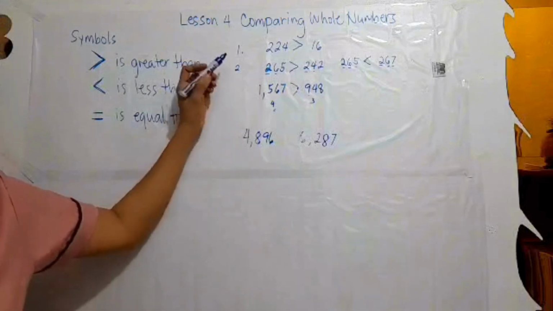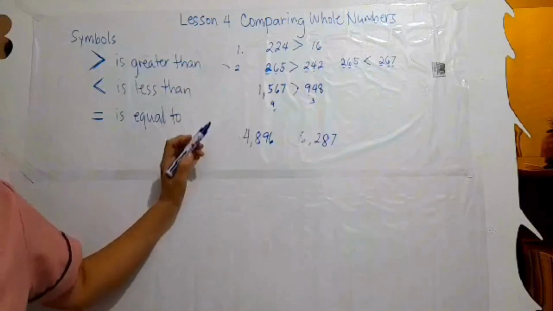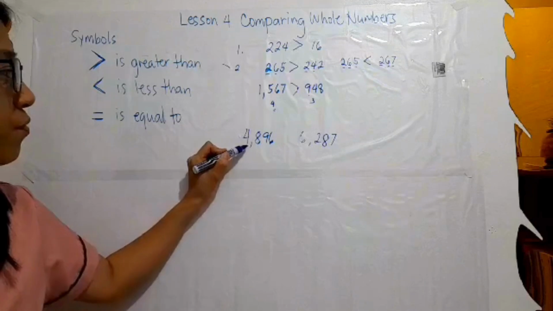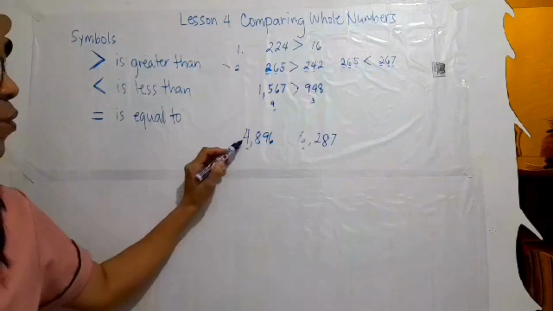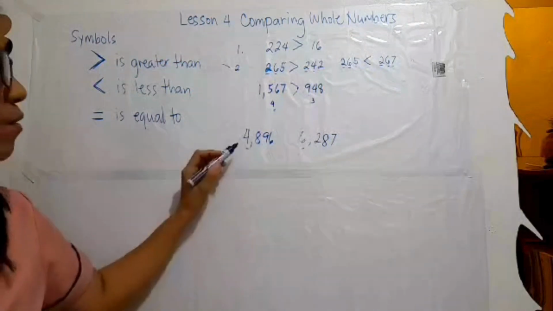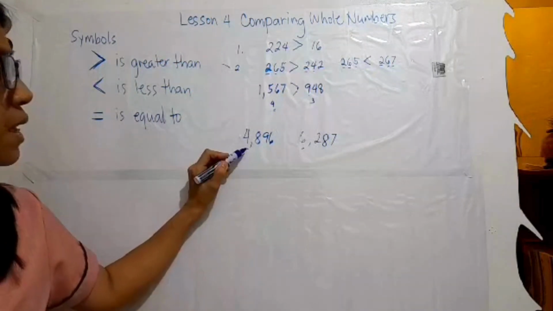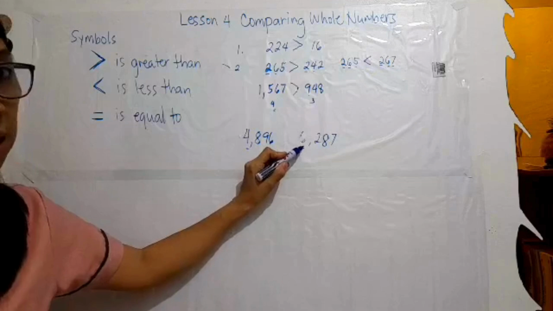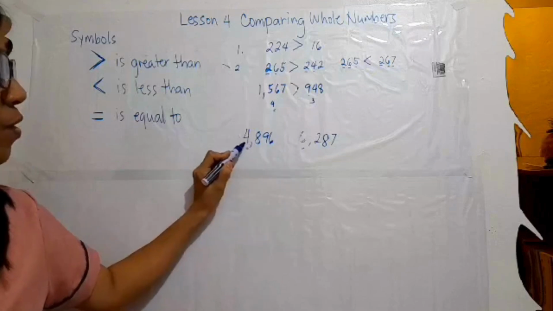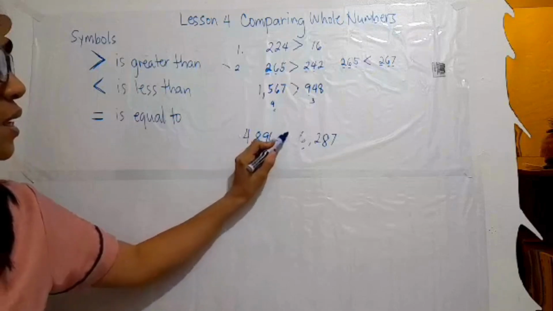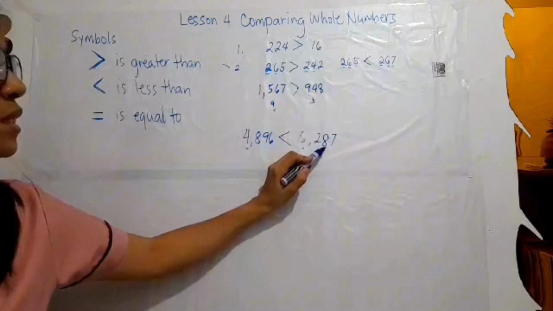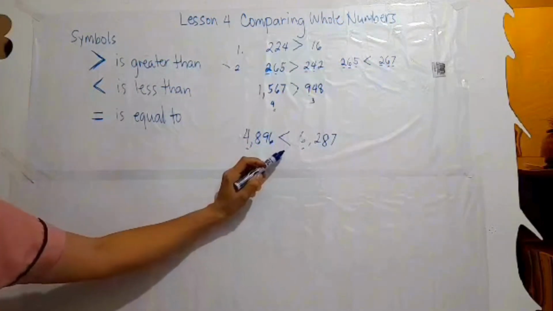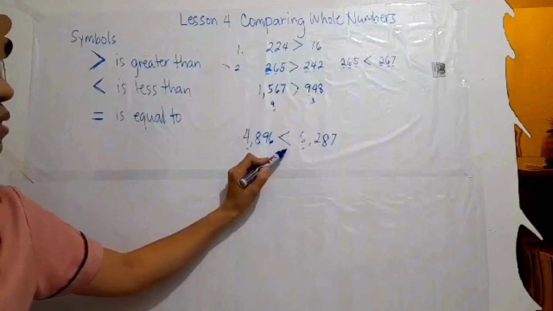Therefore, we proceed to the next rule, which is to compare the leftmost digit, which is 4 and 6. So 4 and 6, we can say that 4 is less than 6. Therefore, 4,896 is less than 6,287. So we put the less than symbol here.